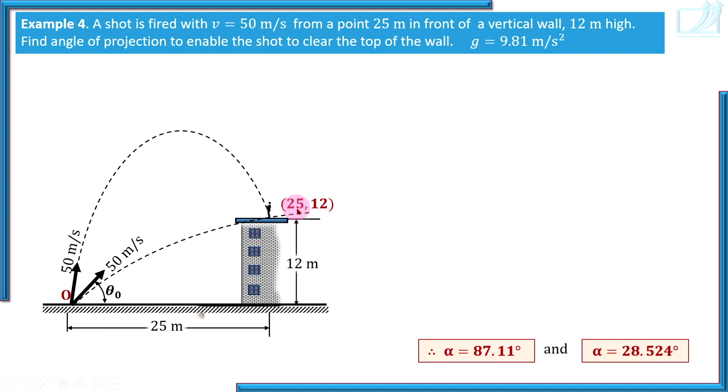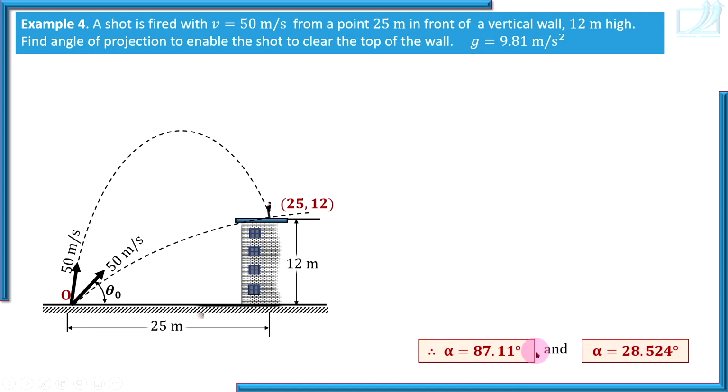Where this man is standing, coordinates are same, it is 25 meters from the point where the ball was thrown, and he is on the roof of a building which is 12 meters high. So at what angle must the ball have been thrown, that is the question. Now of course what you will do, V0 is given, theta 0 to be found out, at what angle the ball was thrown, and this man catches the ball in the sense he is in the path of the ball. So use the equation of path and you will get the same two answers.